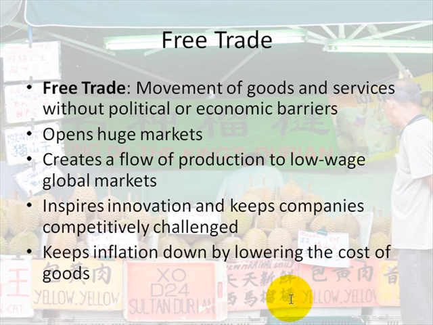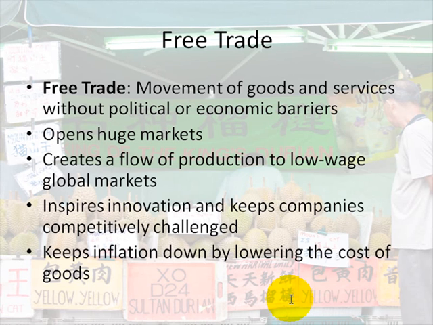There's probably benefits involved. There's taxes involved on employment. And so it makes the United States not a very favorable place for production these days. And so what we've seen is that a huge flow of production has gone to the low-wage global markets. And that is a consequence of free trade.